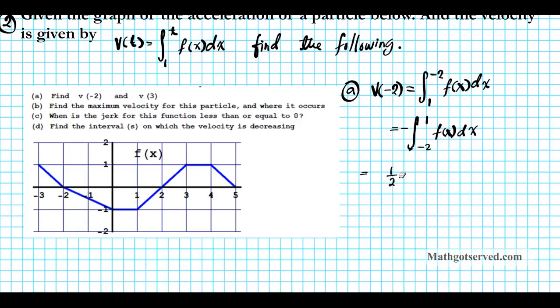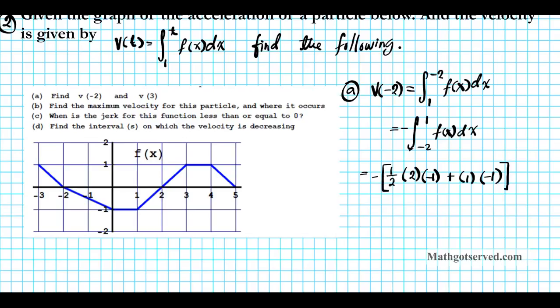The base is 2 units long. 1/2 of the base times the height. Since it's going upside down, we're going to have a -1 unit as a height. And then plus the area of the square. The width is 1. And the height, since it's going down, is -1. So we don't want to forget this minus that we factored out. So let's put the minus in front here.